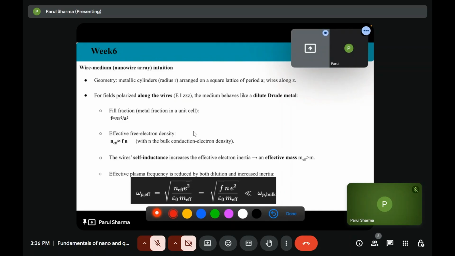So here we will address how we can actually improve the metallic properties. If we take the first example, the simple array of nanowires, the geometry is that we have metallic cylinders.